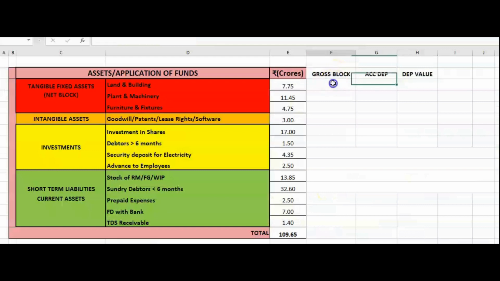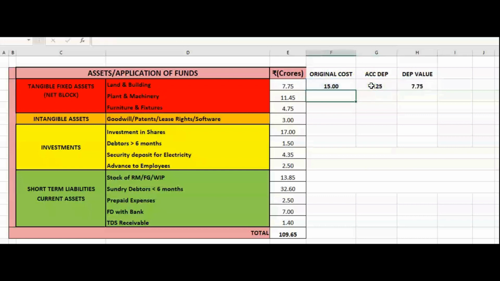Let's see here. Okay. So let's find out original cost, accumulated depreciation, depreciated value. The original cost of land and building is 15. Accumulated depreciation is 7.25. Therefore, the depreciated value would be the original cost minus accumulated depreciation.